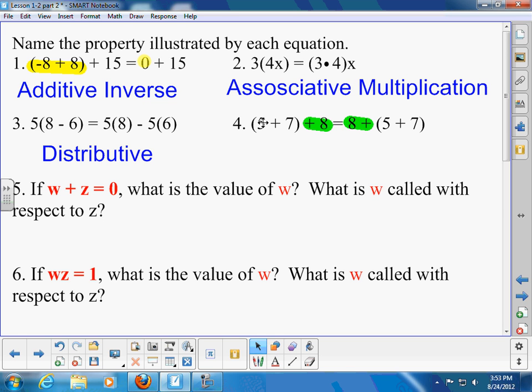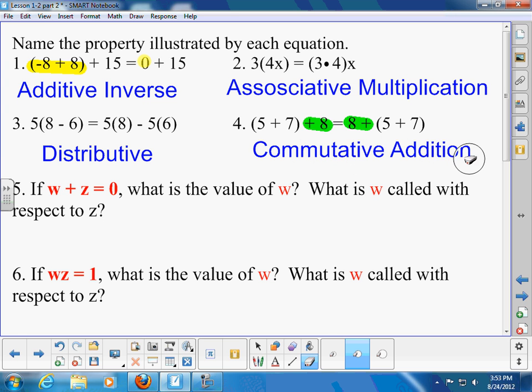In this case, what was inside the parentheses is exactly the same, 5 plus 7 and 5 plus 7, both on the left and the right side. So it's just a matter of where that plus 8 is located. And because it's just the plus 8 that is moving, that would be the commutative property for addition.